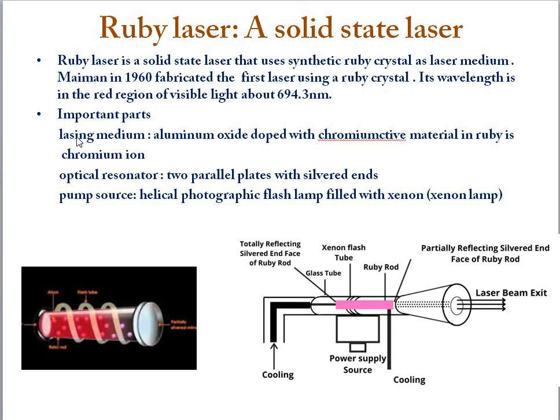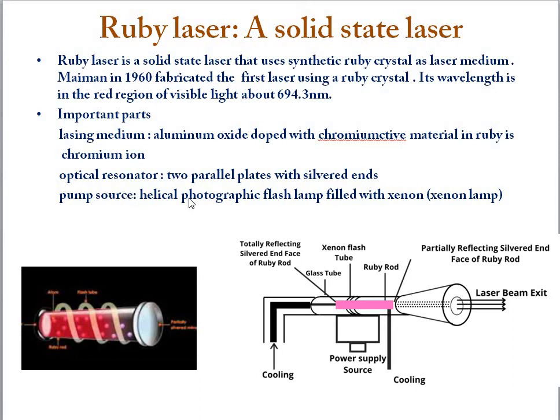So the aluminium oxide doped with chromium acts as the lasing medium, and actually the chromium ion is the active material for the production of the lasing light. Here the excitation takes place for the chromium ions. The electrons of the chromium undergo excitation, and as a result of stimulated emission, it will produce the laser light.